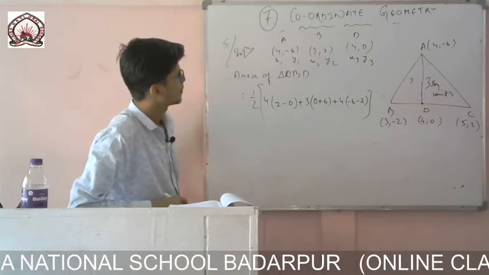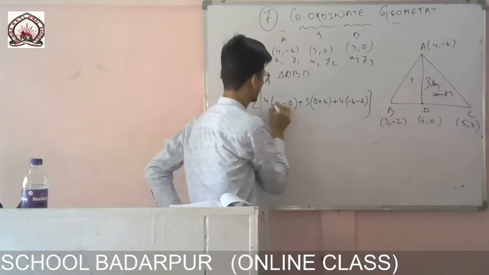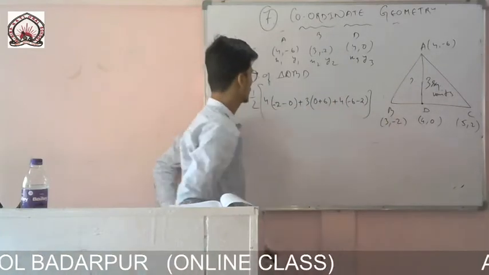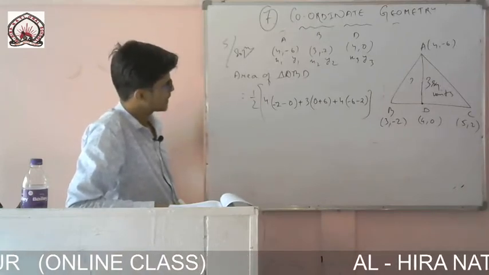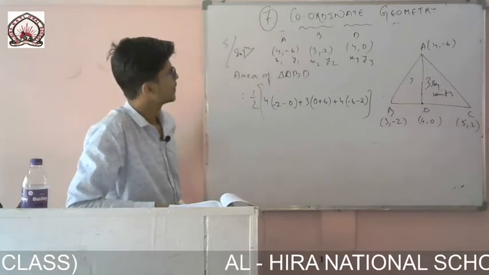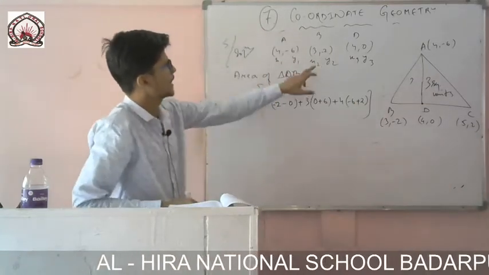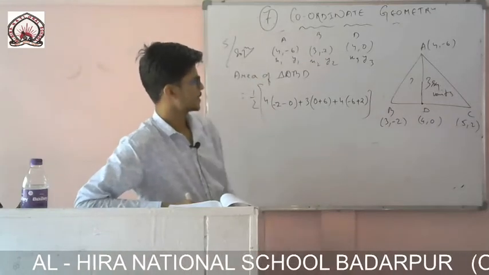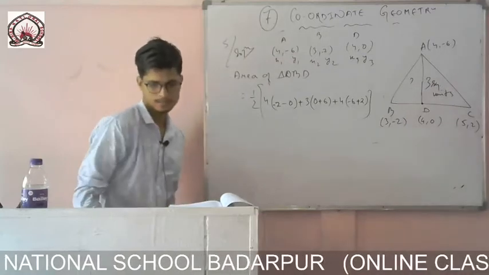Oh, sorry, B is minus 2. So it will be 4 into (minus 2 minus 0), 3 into (0 plus 6), and 4 into (minus 6 plus 2), since minus minus becomes plus.